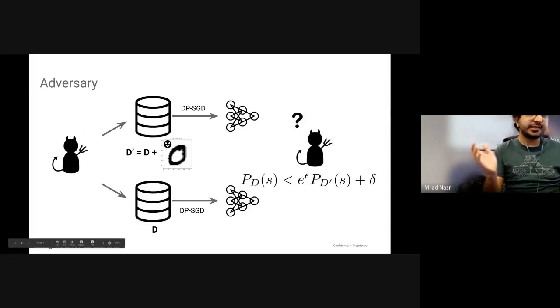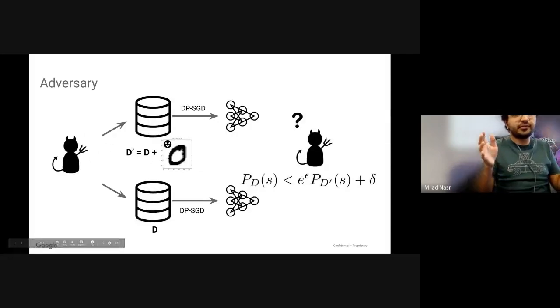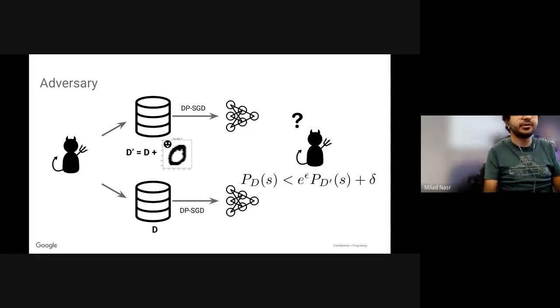The general setting for my work is that we try to evaluate DP-SGD. DP-SGD says that we have two databases, D and D prime, which differ in exactly one instance, and if you train two models on these two data sets, the outputs of these two models will be similar up to some small error bounds, which are defined by epsilon and delta.